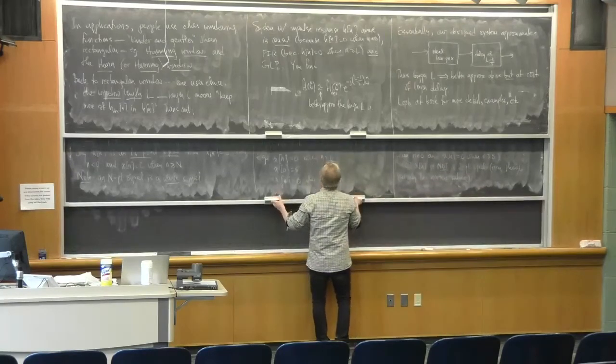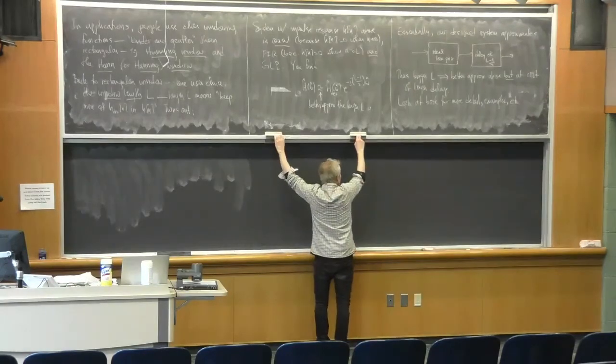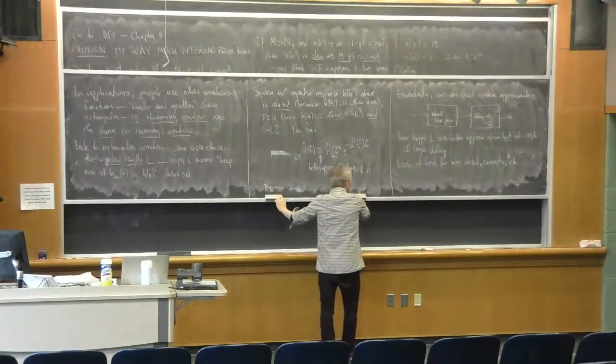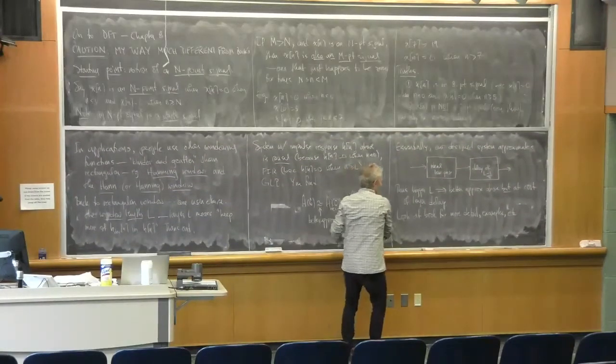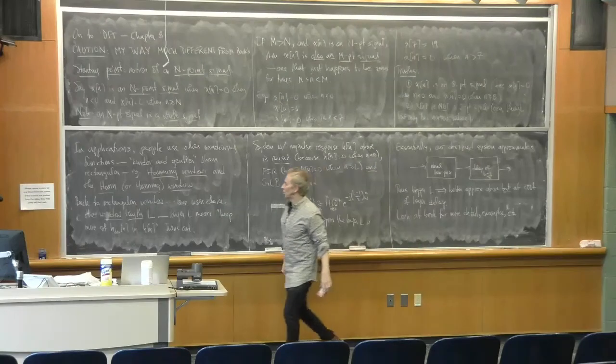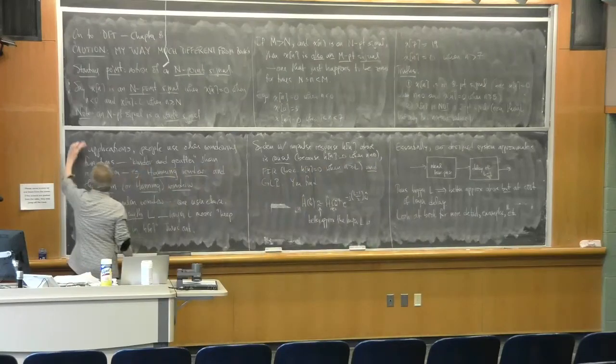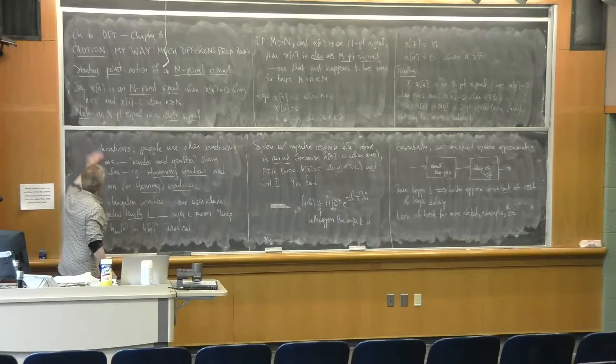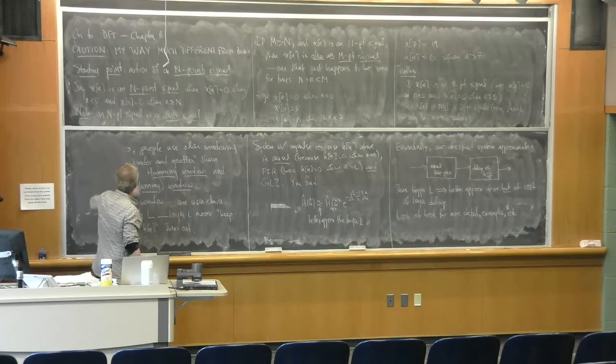And is x of n a 13-point signal? Yes. X of n is a 13-point signal because it's 0 for times less than 0 and for times bigger than or equal to 13.